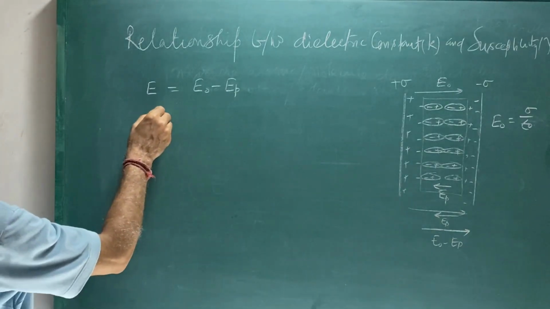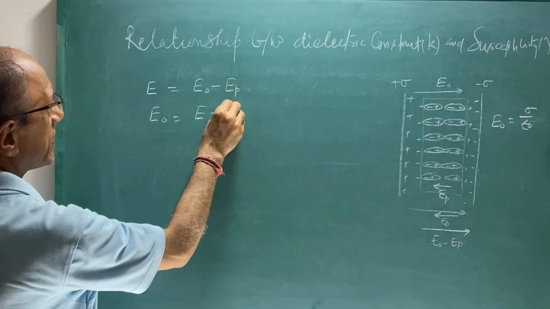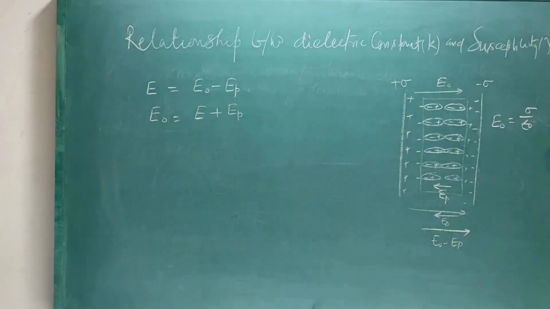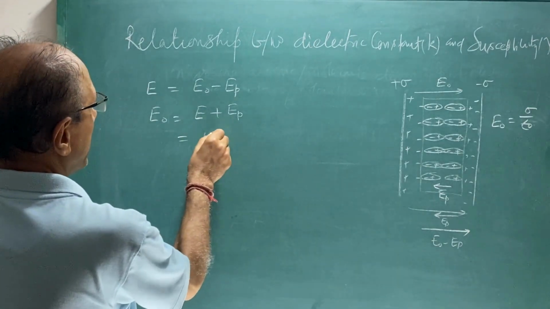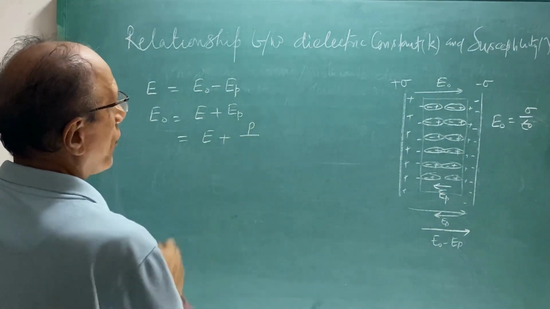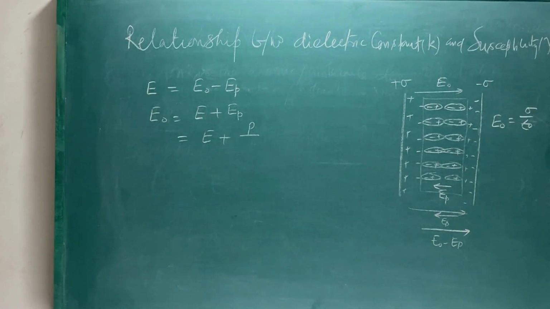So this way E naught will become E plus EP, and this EP is P upon epsilon naught.